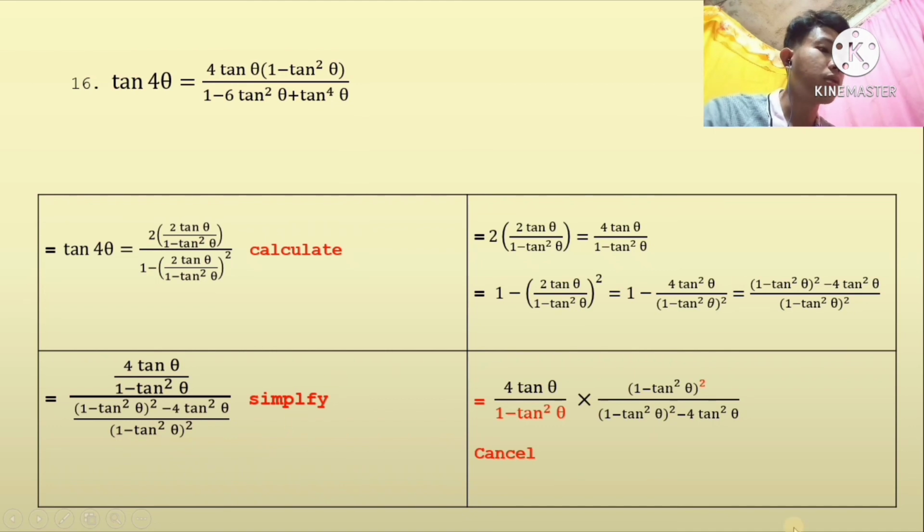So simplify, or cross multiply. Our equation will be 4 tangent theta over 1 minus tangent squared theta times 1 minus tangent squared theta squared over 1 minus tangent squared theta squared minus 4 tangent squared theta. So if we multiply, cancel 1 minus tangent squared theta and the square of 1 minus tangent squared theta.